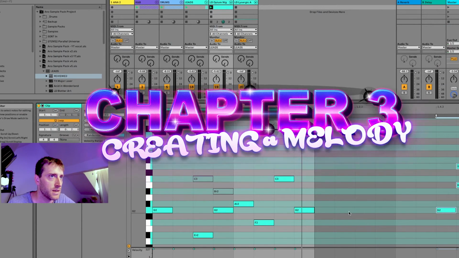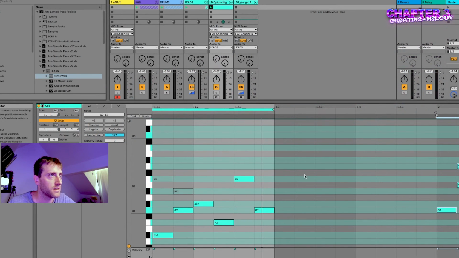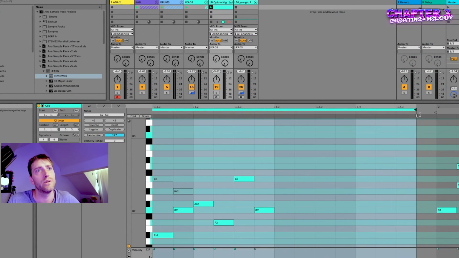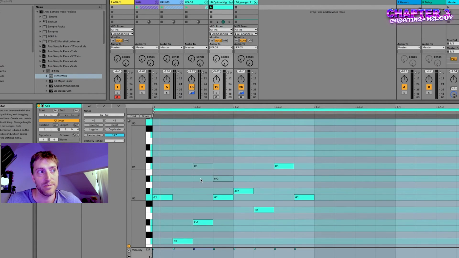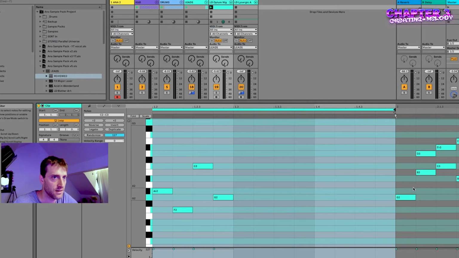In a melody, you basically want to find the sweet spot between harmony, but always harmony is quite boring, and tension. And with that tool, the distances are the important thing.